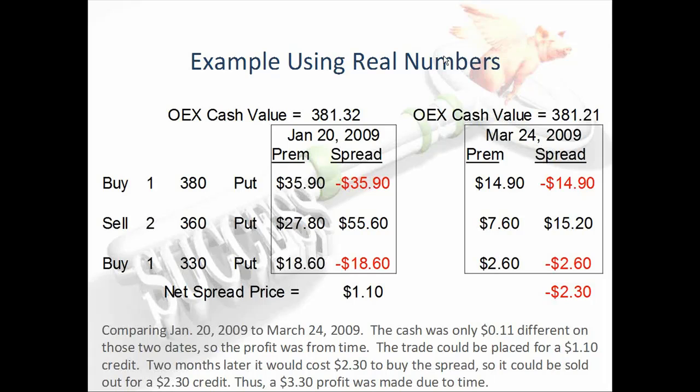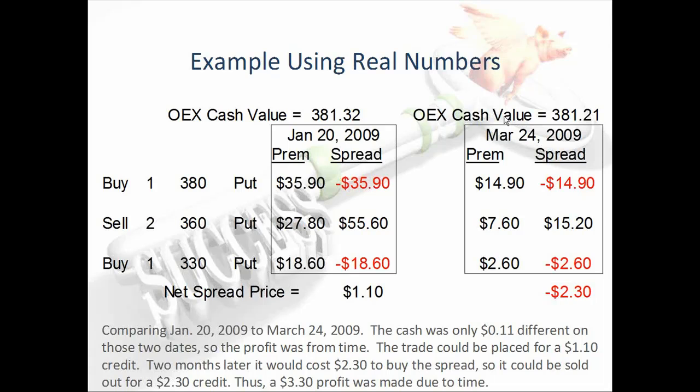Now, what I did is I took two different time periods, roughly a month apart. On the second example, it's a couple months apart, but I made sure that the option's cash value, the underlying cash value, was approximately the same between the two time periods.